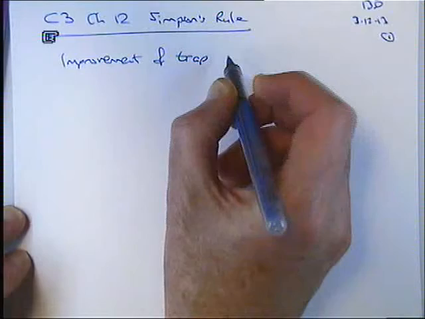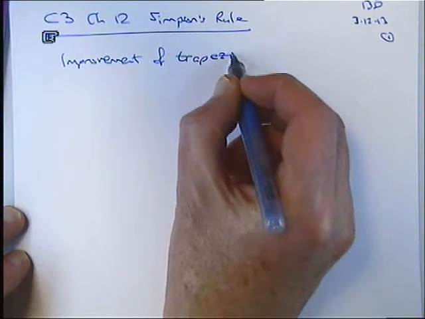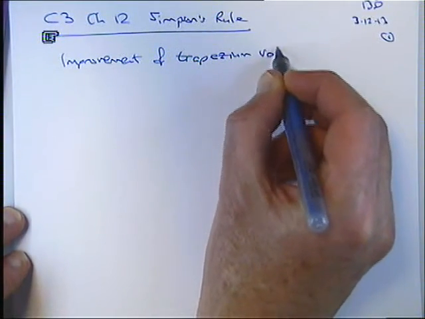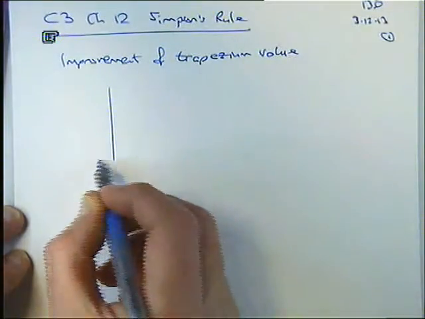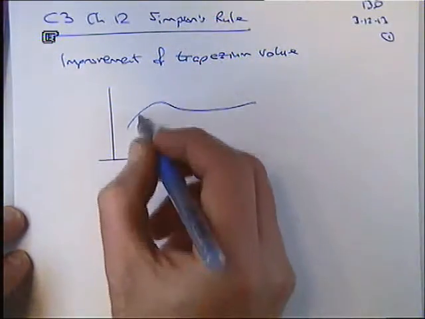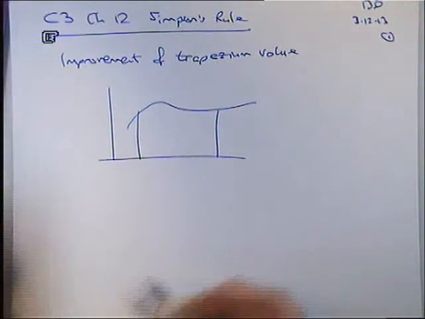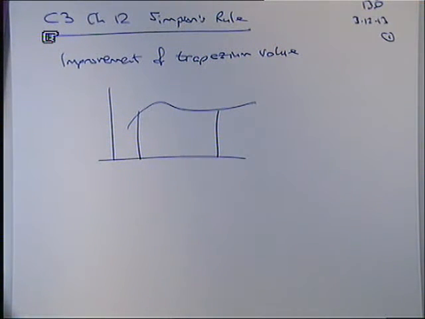So if this is an improvement of the trapezium rule, can somebody tell me in very basic terms, if I was integrating that and wanted to know that area, how would I have done it with the trapezium rule? What did I do? I don't want the technical stuff.